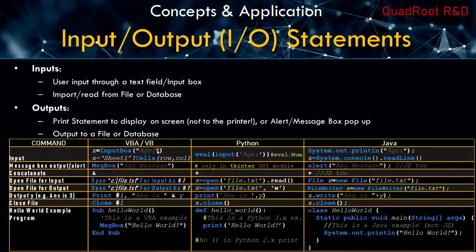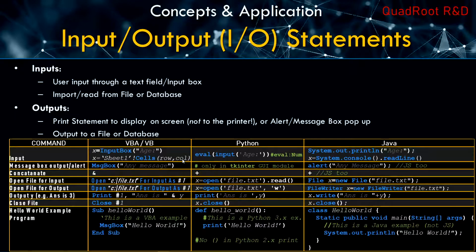Now you could get this data from an Excel sheet alternatively, depending on the sheet name, which is usually Sheet1, 2, 3 if you don't rename it. X is equal to the sheet name in single quotes with an exclamation mark, then the keyword Cells, because a sheet is full of cells, and then you indicate which cell it is by specifying the row and the column numbers.